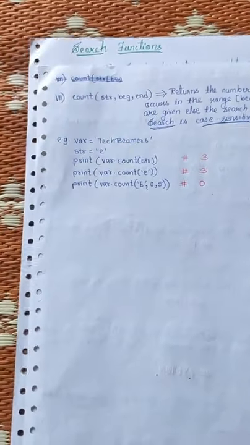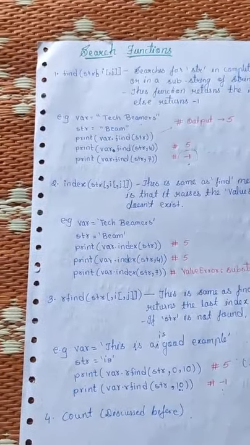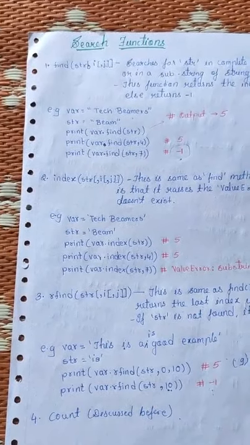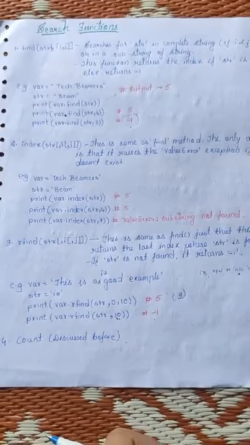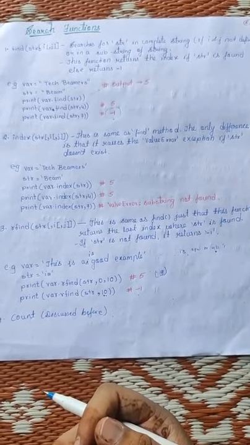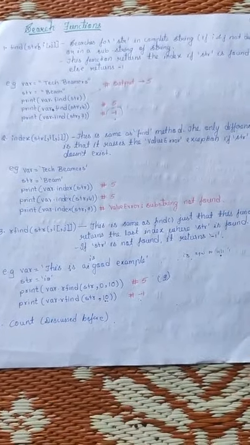So count, then rfind, index, and find are nothing but the search functions which we use over different strings.